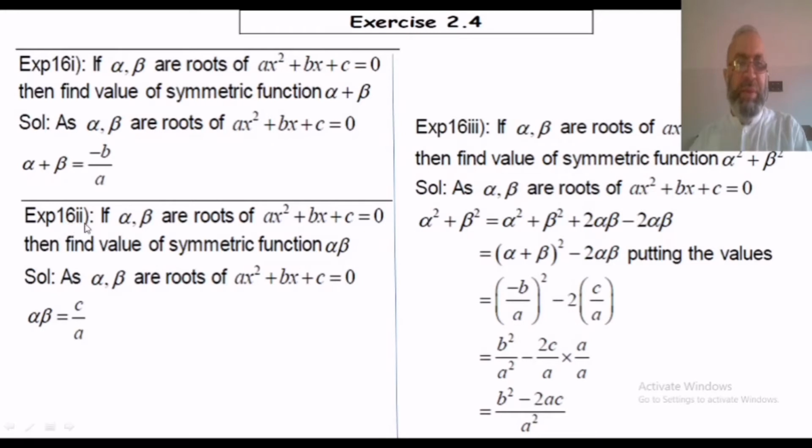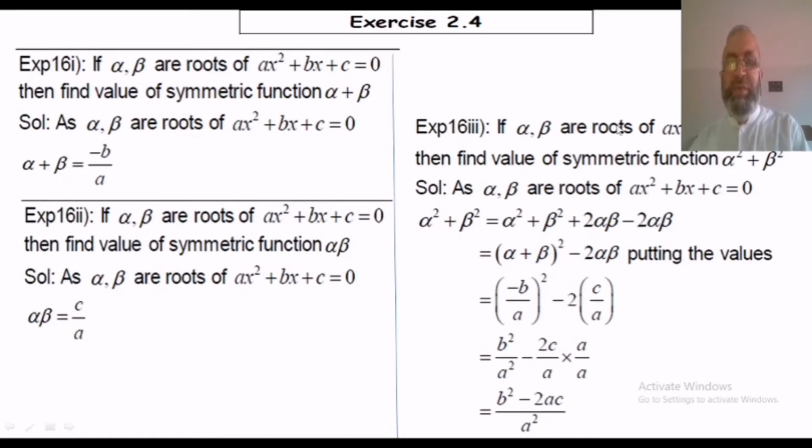the same example 16, part 2. If alpha and beta are the roots of this quadratic equation, find the value of the symmetric function alpha beta. Alpha beta means the product, and we have already proved this result. As alpha and beta are the roots of the given quadratic equation, the product of the roots is equal to c by a.